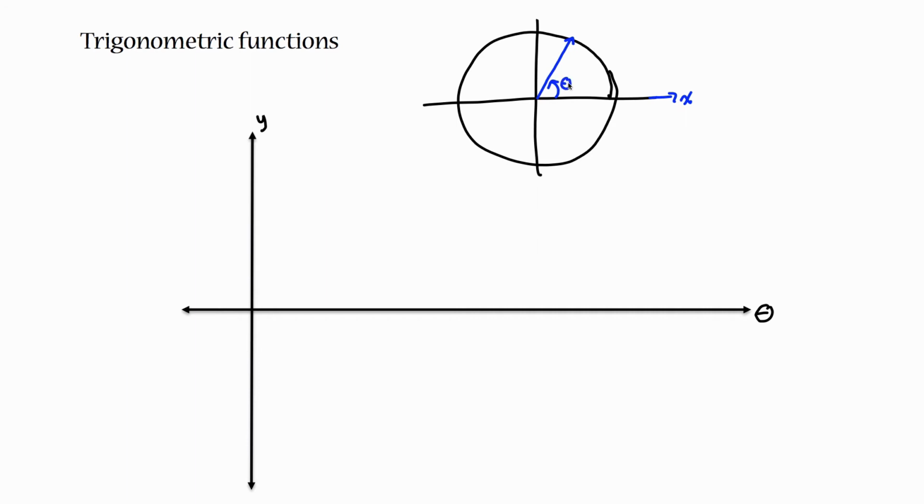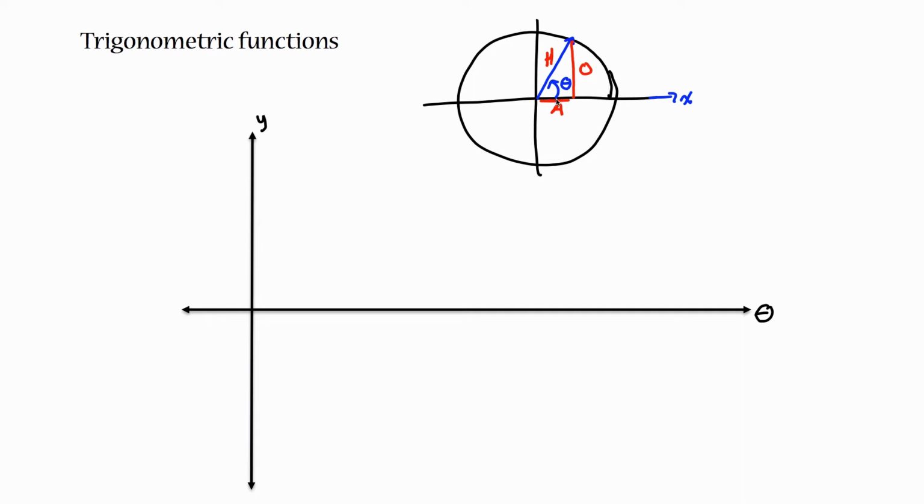And that angle is theta, which creates a right angle triangle. With respect to theta, this is the opposite side, this is the adjacent side, and this is always the hypotenuse.